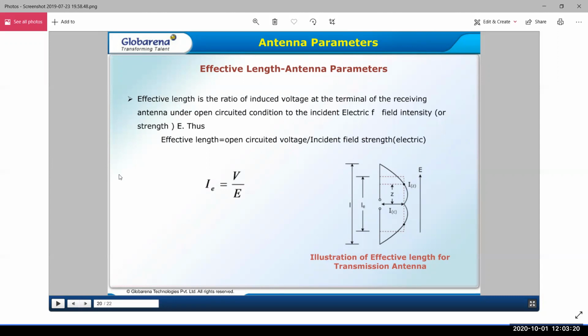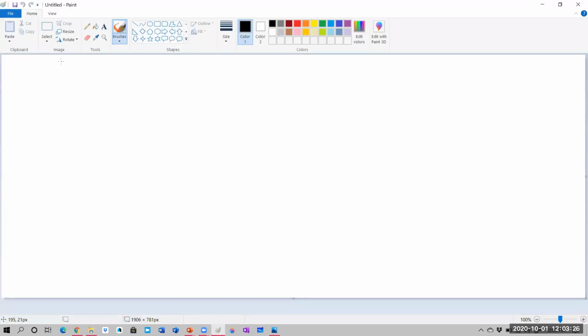The length of the antenna is equal to the voltage induced in open circuit condition V by the incident electric field strength E.